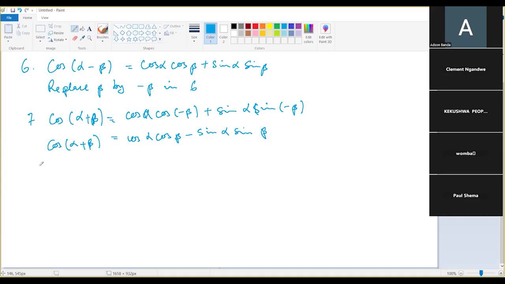So let's see if we can look at a particular example. So let's find the exact value of the following. Find an exact value for cos 5 pi by 12.